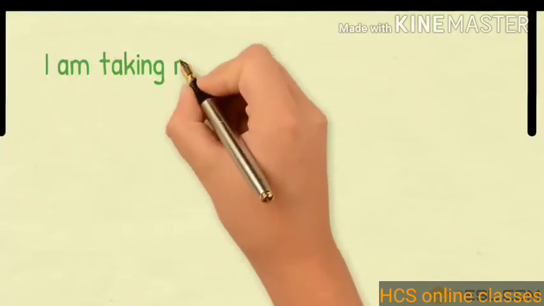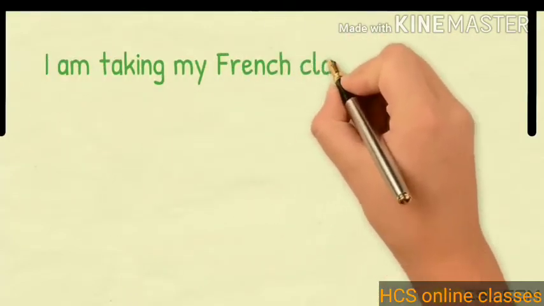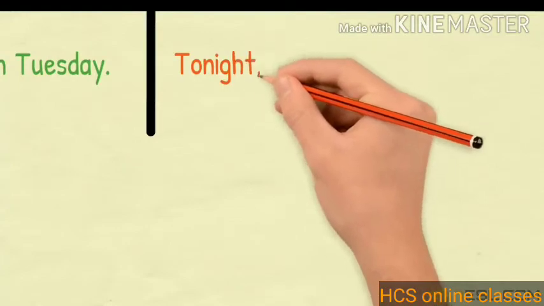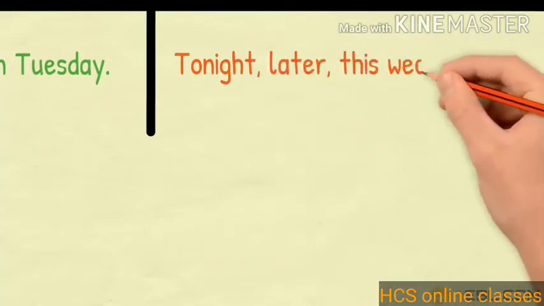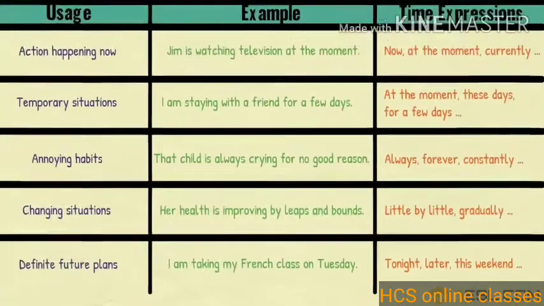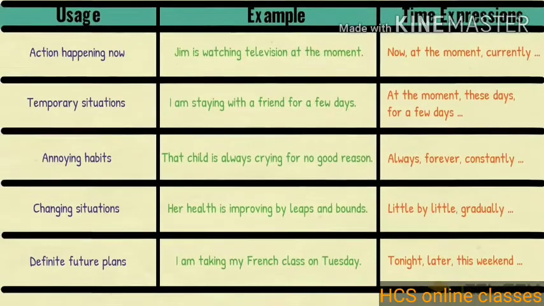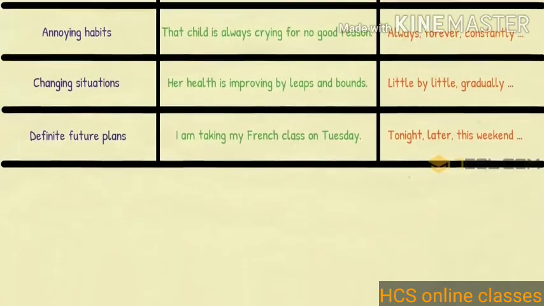Example, I am taking my French class on Tuesday. Time expression, tonight, later, this weekend. So these are the usage and examples of present continuous tense.